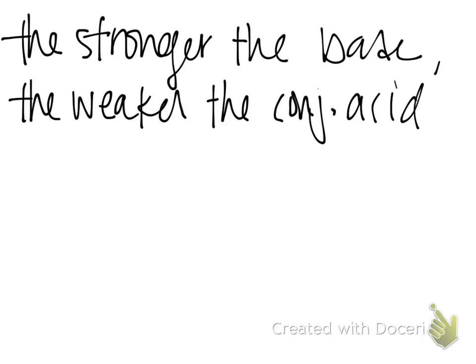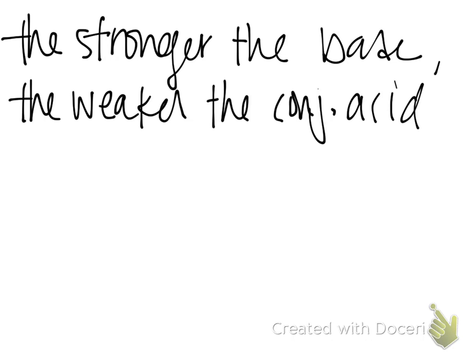If we're a semi-strong base, we're going to have a semi-weak conjugate acid. If we're a really weak acid, we're going to be a really strong conjugate base. So it's a sliding scale between those two within that pair. Does that make sense? If we've got an average acid, we're going to have an average conjugate base, somewhere in between.